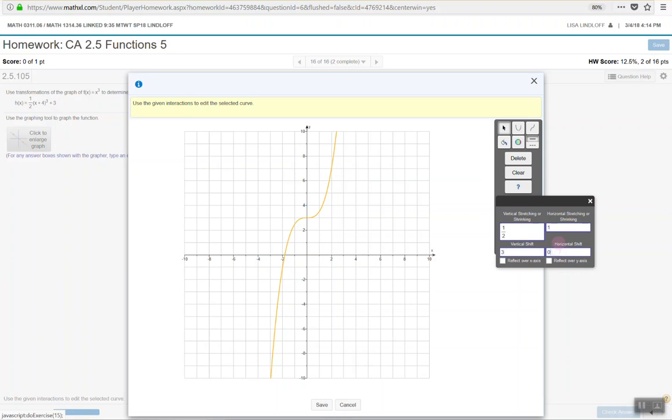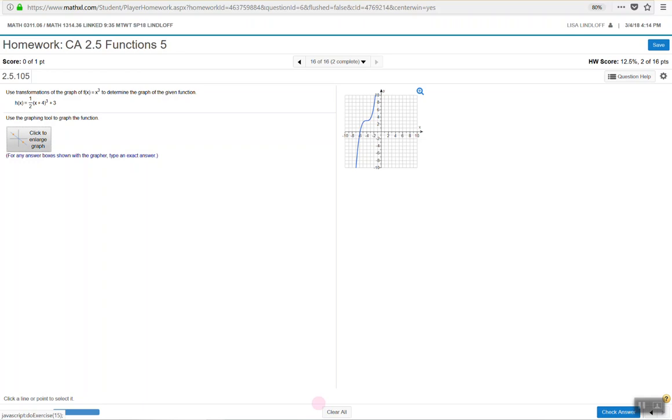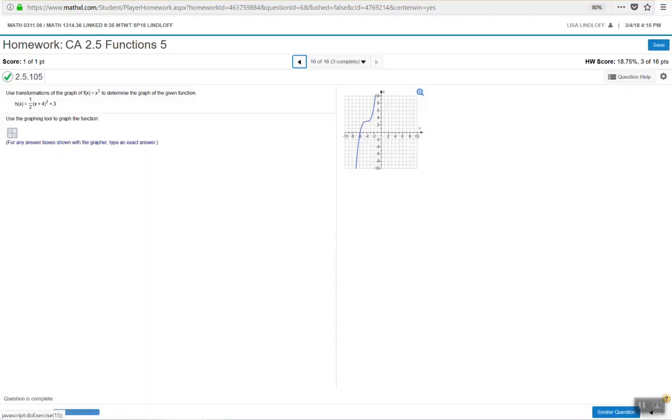The shift horizontally is left 4, so I will put in -4. I put the opposite, and there is no reflection, so save it and check it. All right, so you've just got to read those little teeny words, and I did not do that. So let's go back now.